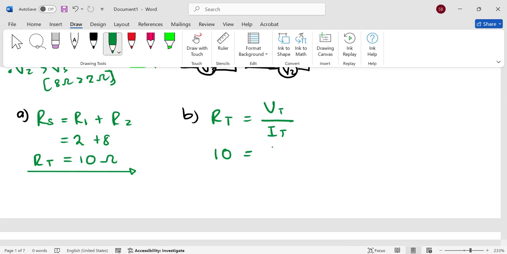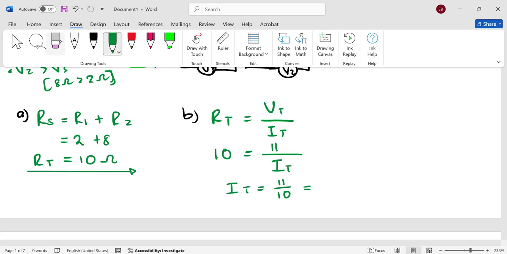So V total is 11 volts, and I total is what I want. I then say I total is 11 divided by 10. I hope you guys do see how I actually did that. So it becomes 11 divided by 10, right?